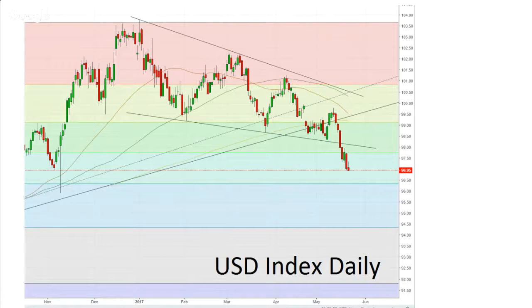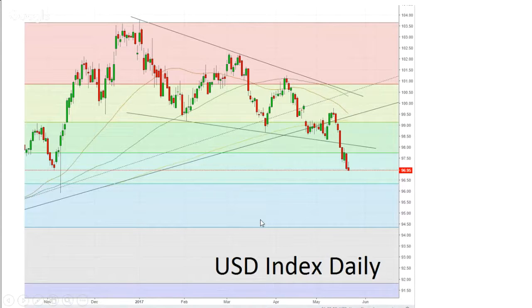So the odds are that this factor hasn't finished affecting the US dollar, and that it has made some harm to the US dollar in the long term. So this corresponds with the bearish view on the American currency.